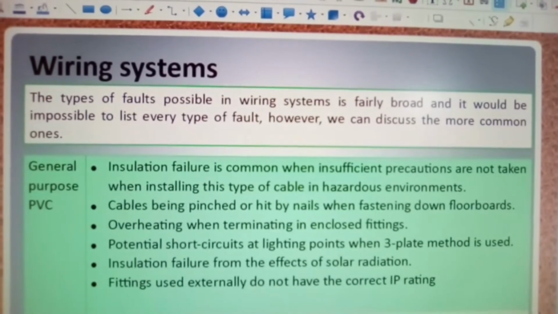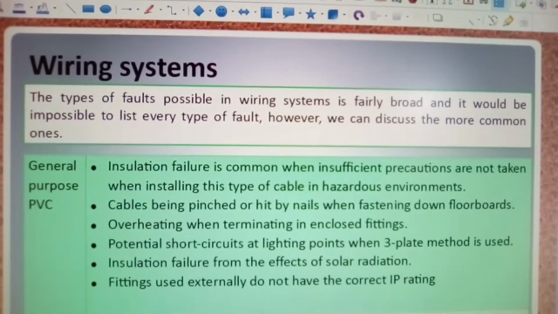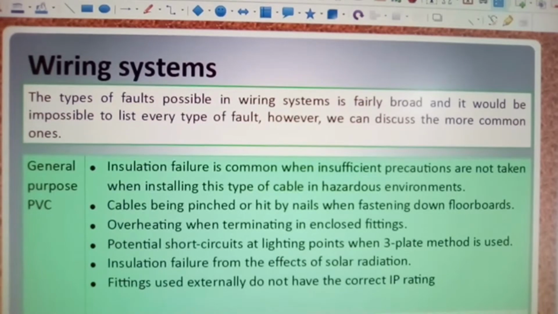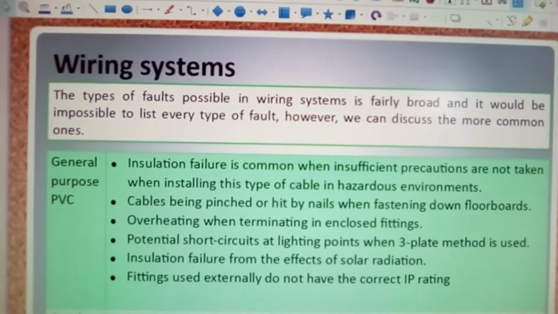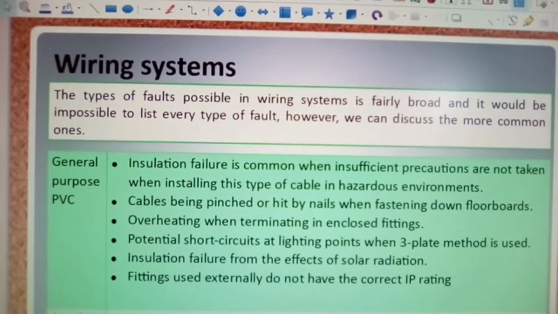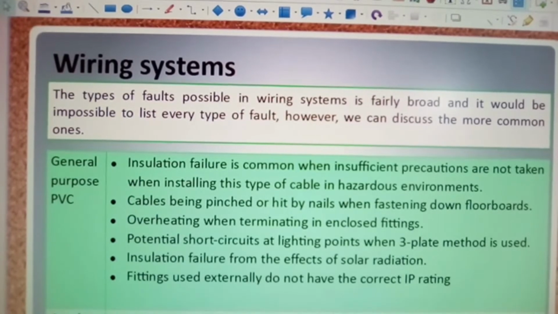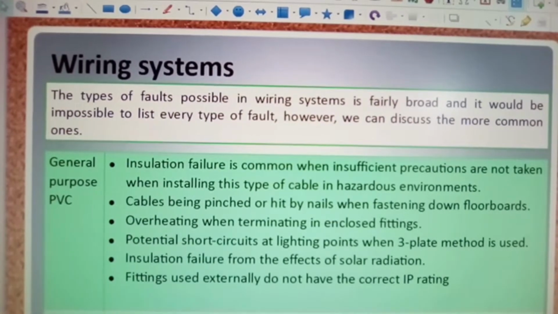Otherwise those burrs will strip the insulation on the cable right down to its bare conductor, and when you power on, that will be the mighty bang you hear when you switch on. So it is important that when you're dealing with conduit or trunking, your ends are clean and the risk of burrs is removed.